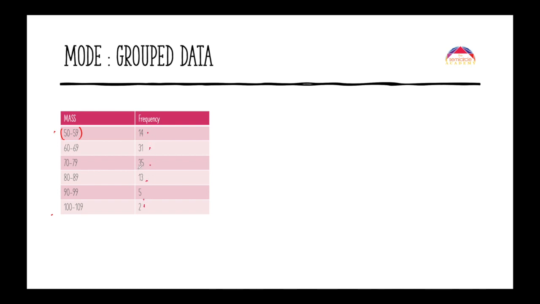So we can see the largest frequency here, 35. We could see that largest frequency of students here way in this class, the 70 to 79 class, right? So this here is called the modal class, and that is the class where the mode exists in.